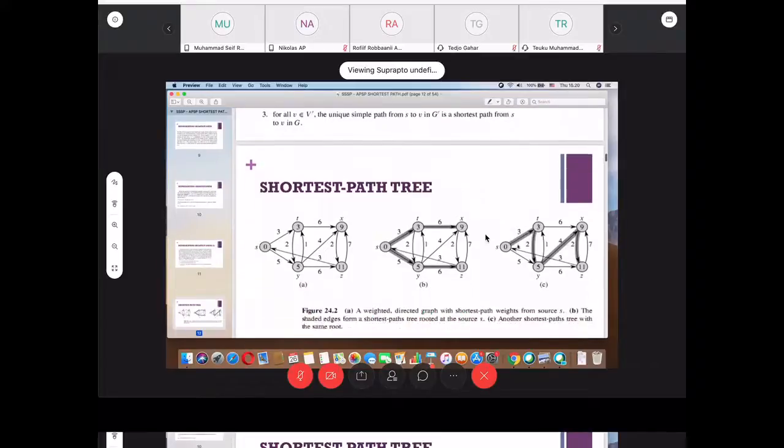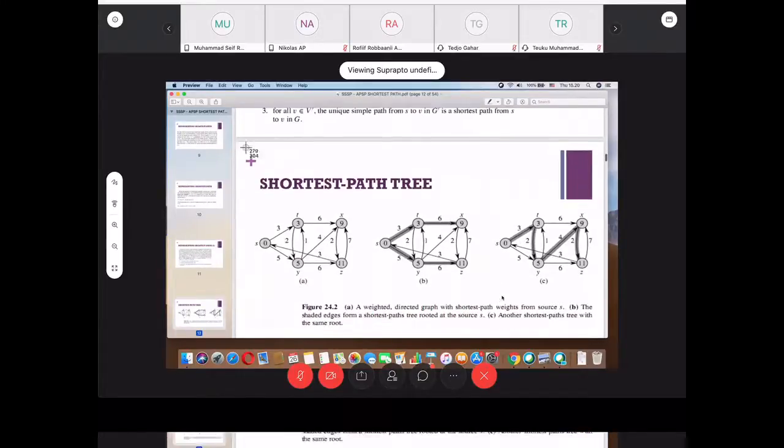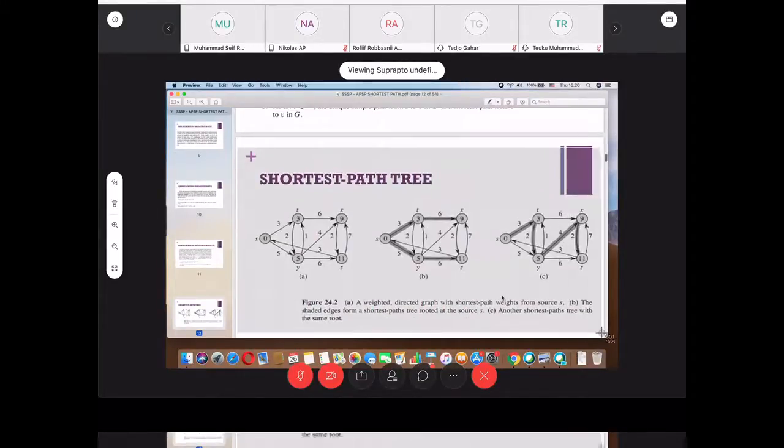And here is the illustration of the shortest path tree. Starting from figure A, this is the initial graph. The weighted directed graph consists of 5 vertices, right?